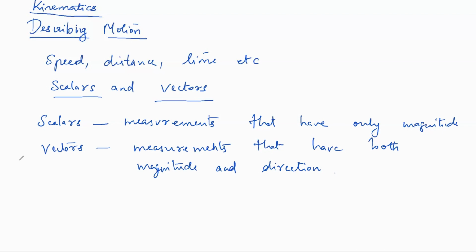And displacement is an example of a vector because for displacement we need to say both magnitude and direction, like 5 kilometers due east or towards north, and likewise any direction we can say.